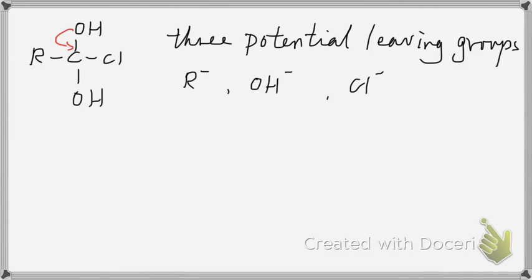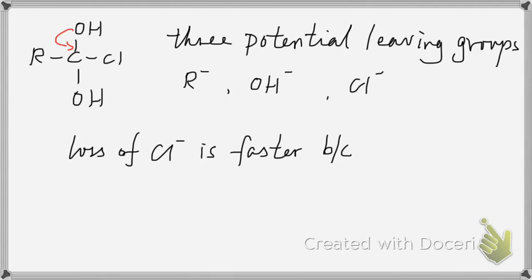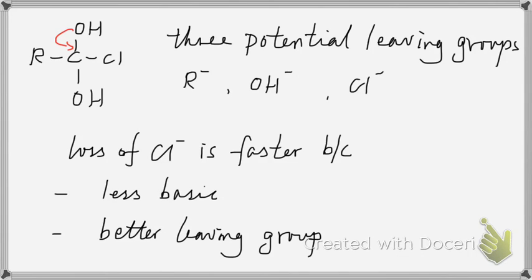And this reaction gives carboxylic acid as the final product, which means the chloride has to be the leaving group. And the chloride is favored as a leaving group. The loss of chloride is much faster compared to the bond breaking for the other two groups.